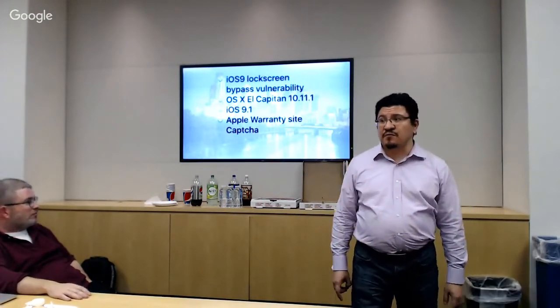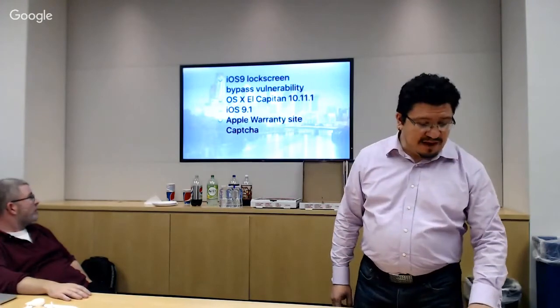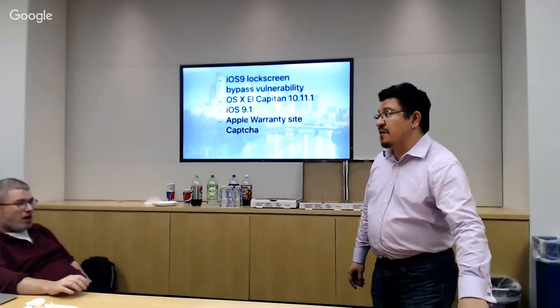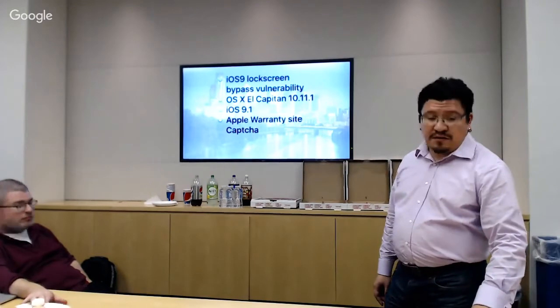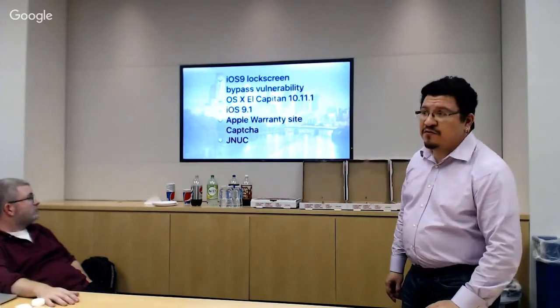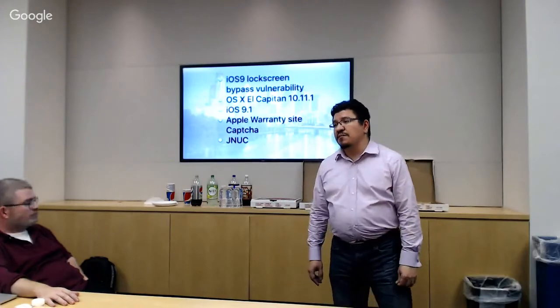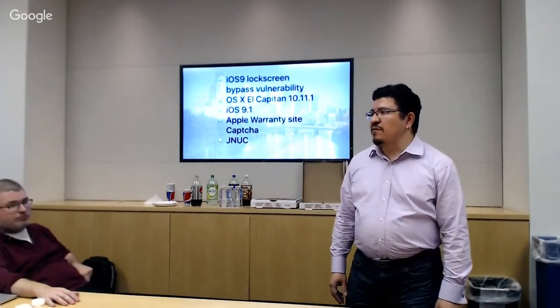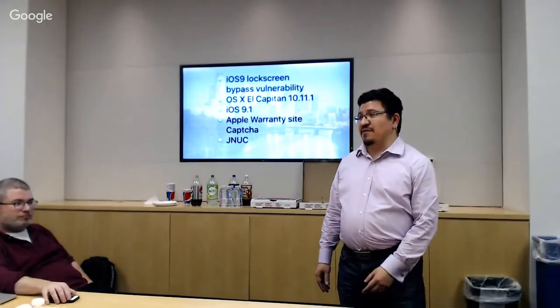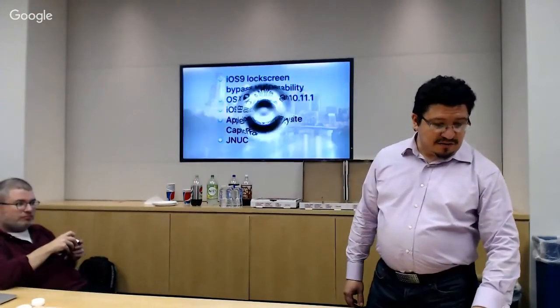We'll talk a little bit about that as well, because that impacts certain automated functions that some of you may be running. And we'll also talk about the JNUC, the Jamf Nation User Conference that happened last week, because I know a lot of us here use Casper. So we'll talk about what happened there, or more correctly, what didn't happen there. So let's just get started there.